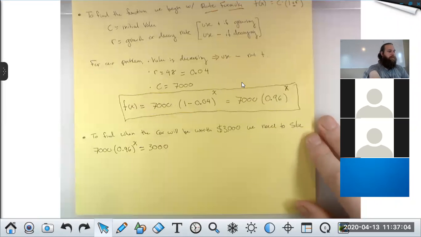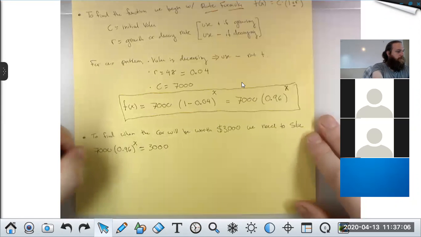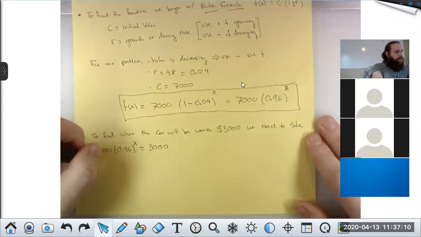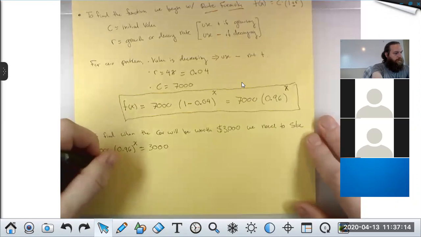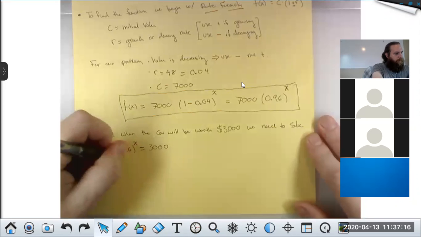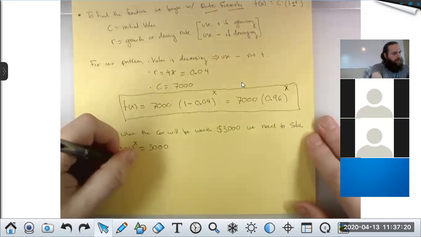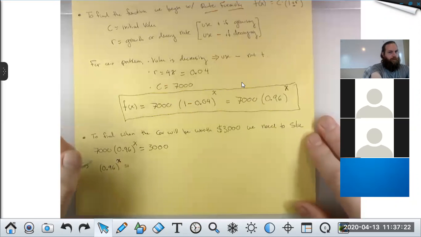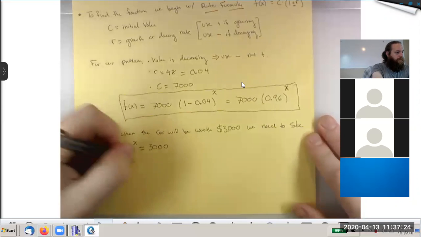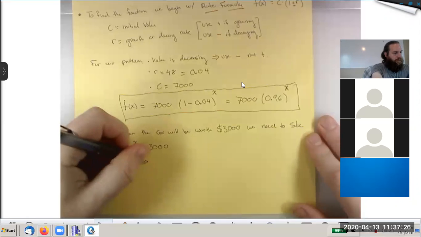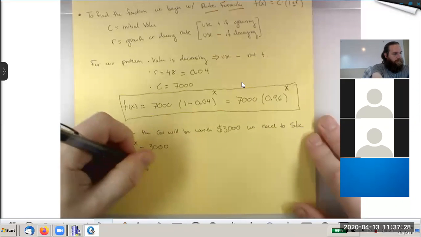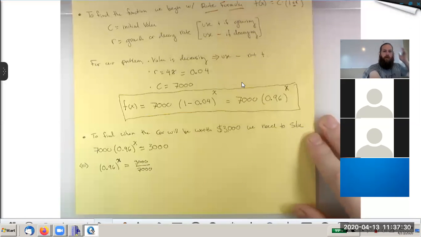So I need to start by dividing both sides by 7,000. If I divide both sides by 7,000, over here the 7,000s will go away, and I just get 0.96 raised to the power x is equal to 3,000 divided by 7,000. 3,000 divided by 7,000 can simplify quite a bit, though.